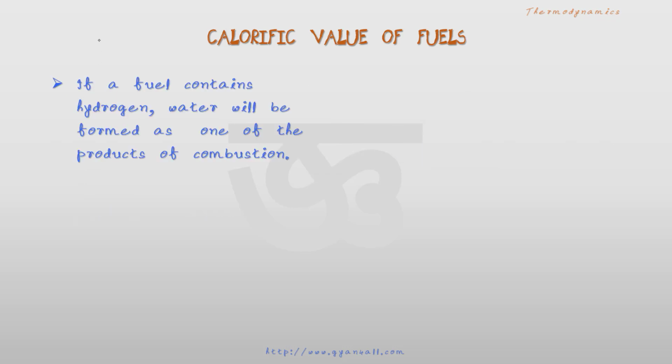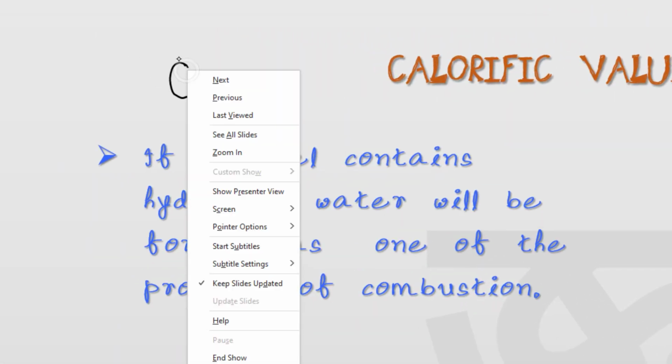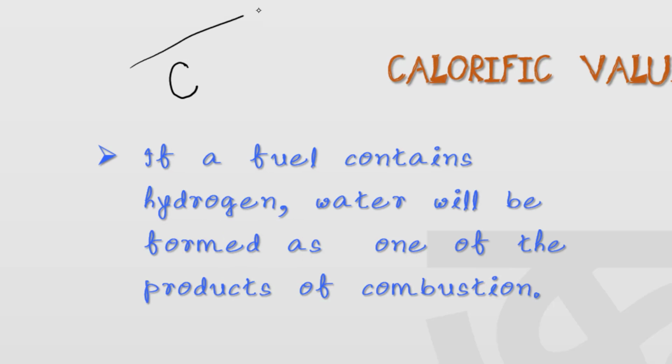A fuel is a compound whose basic component is carbon. But along with the carbon, hydrogen is also present in the fuels. We call them hydrocarbons. But if the fuel contains hydrogen, then what will happen due to the chemical reaction? Hydrogen will react with the oxygen during the combustion, and it will form water.